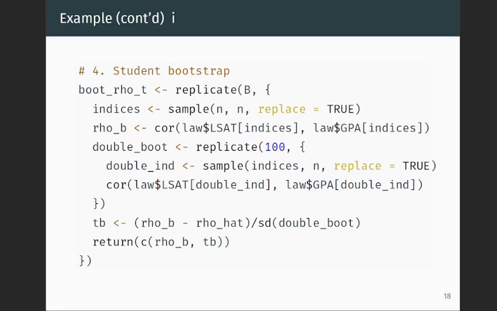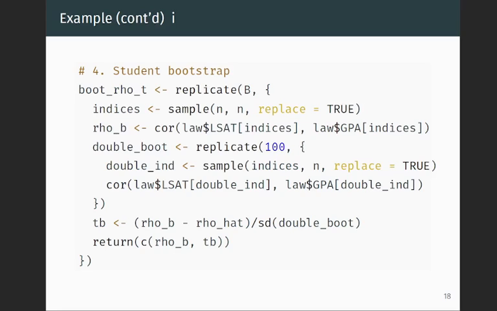So now I'm sampling with replacement from the indices that I sampled before the replicate call. And I'm saving this into a vector called double_ind. And once I have this, I can compute the sample correlation on that bootstrap sample.